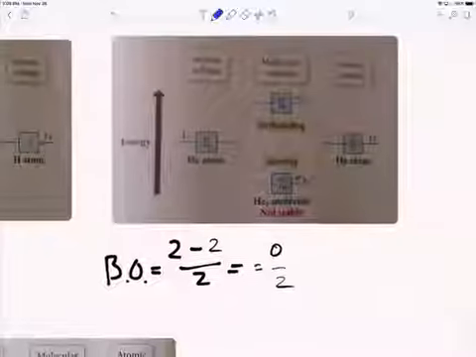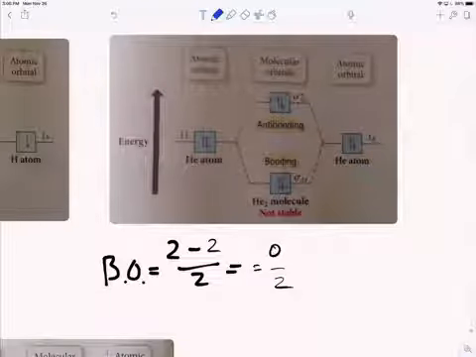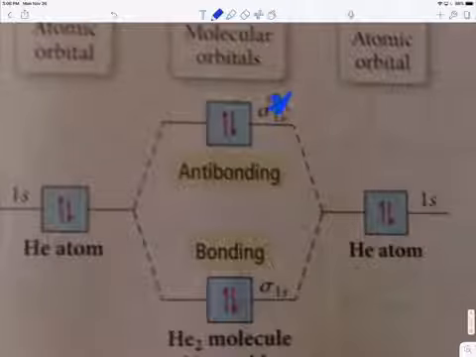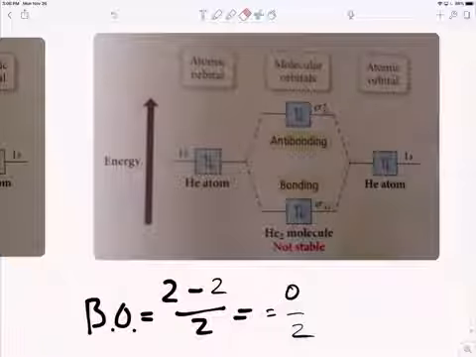And for helium 2, there's 2 bonding and then 2 anti-bonding. You can tell the anti-bonding because it has this star on it. So the anti-bonding has the star, and then it's bonding minus anti-bonding divided by 2.